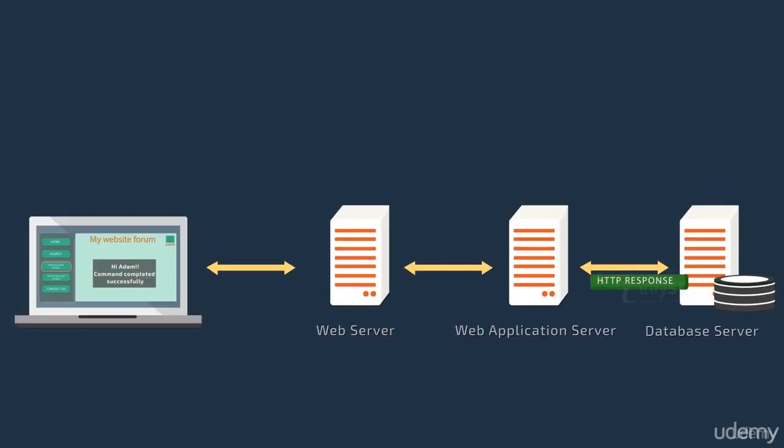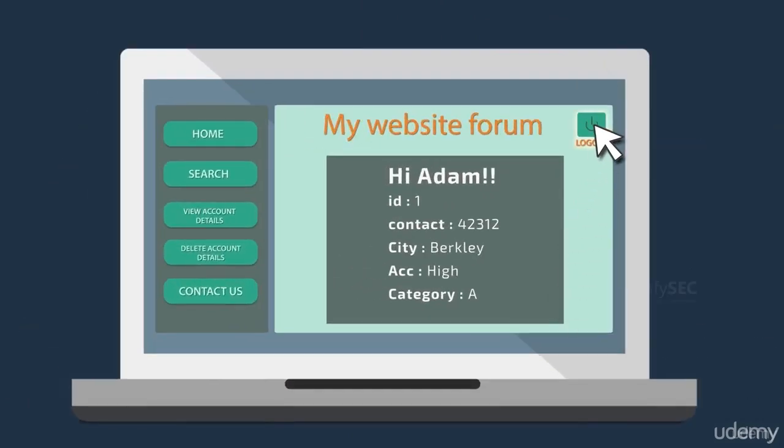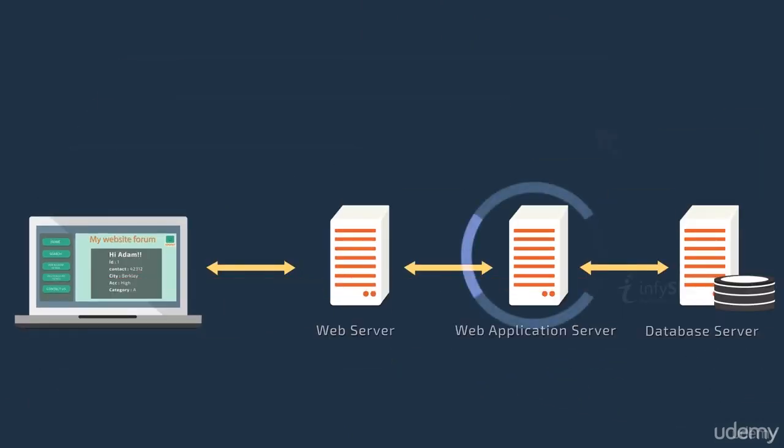The result is now forwarded to the web app server, which sends it to the web server that delivers the result to the client. This is how the web application processes the human understandable user input to generate machine understandable SQL query for responding to user requests.